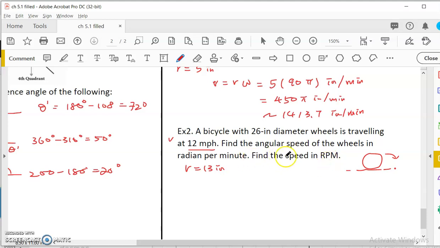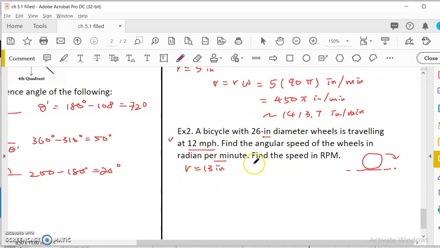Now you see that this is per minute and this one is per hour. So there's some kind of change of units here. Also we see that we have inches here, but this is miles. So this 12 miles per hour needs to change into inches and also into minutes.